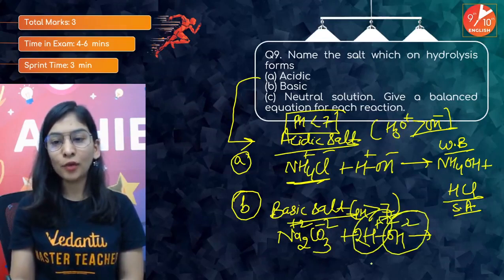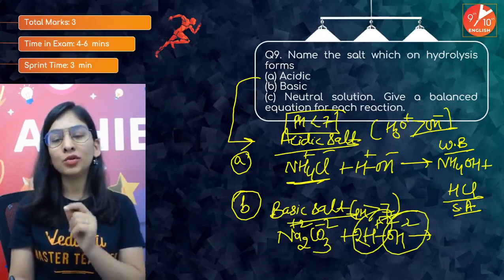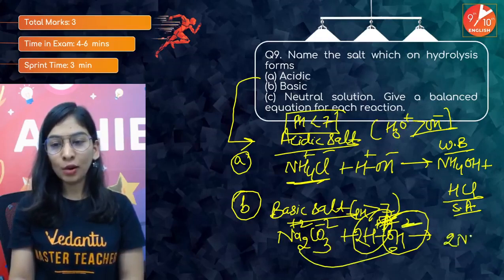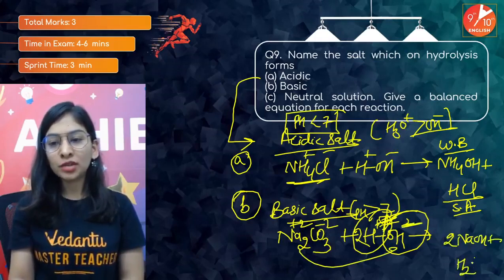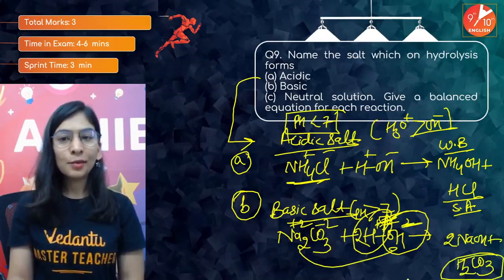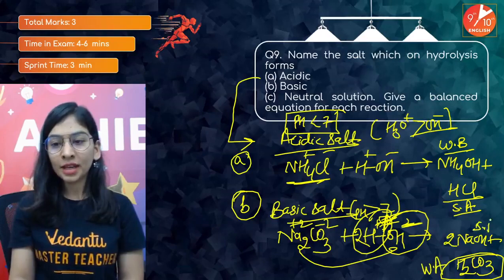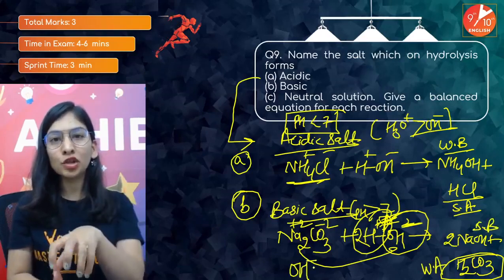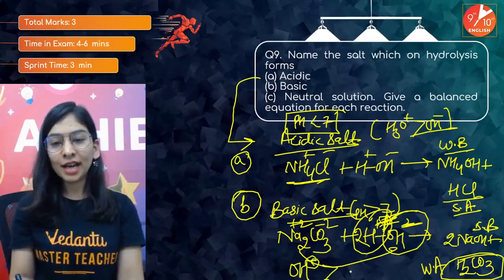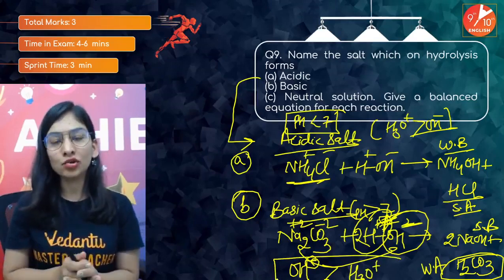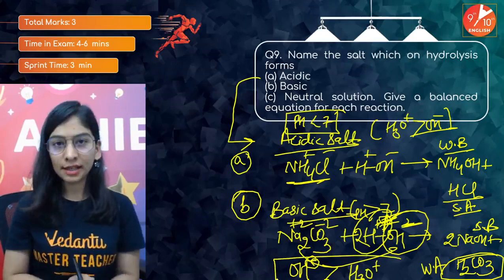I'm writing the overall charge, though whenever you have to mention it, you write the charge of a single substance only. Exchange of ions gives 2 NaOH along with H2CO3, carbonic acid. Carbonic acid, weak acid. NaOH, strong base. So when you take sodium carbonate and put it in water, the amount of OH ion is more than the amount of hydronium ion. So the solution's pH will be greater than 7, and that will be a basic solution that we're going to get on hydrolysis.